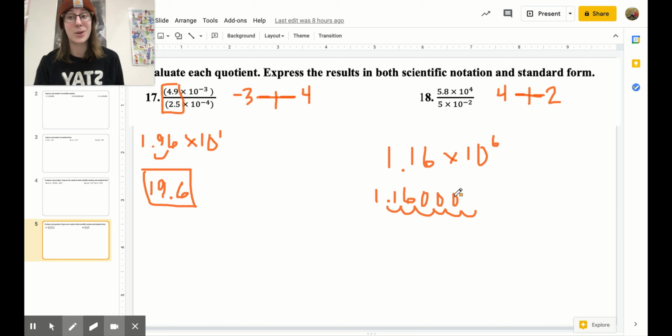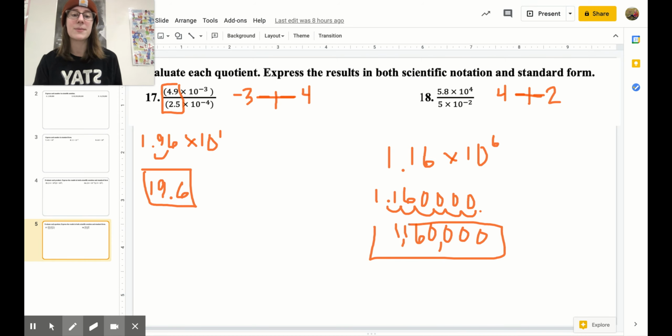So you'll just add zeros, and your decimal's at the end here now. So you have 1, 1, 6, 4 zeros, 2, 3, 4. Then you could add your commas every 3. So it's 1,160,000. And those are your answers.